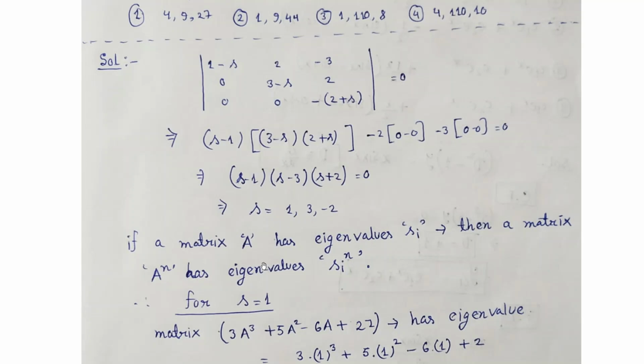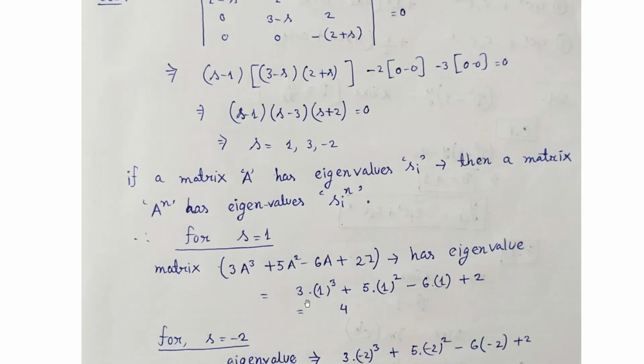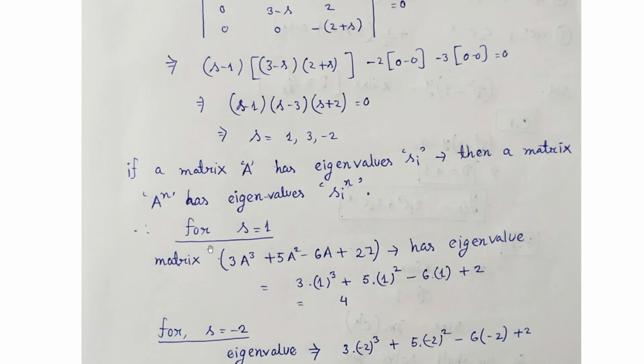Now you know the matrix property that if a matrix A has eigenvalue lambda, then the matrix A to the power n has eigenvalue lambda to the power n. This is the property for any matrix. So now you can easily find the eigenvalues of this complicated matrix. For lambda equals 1, in terms of A, I am writing 1.